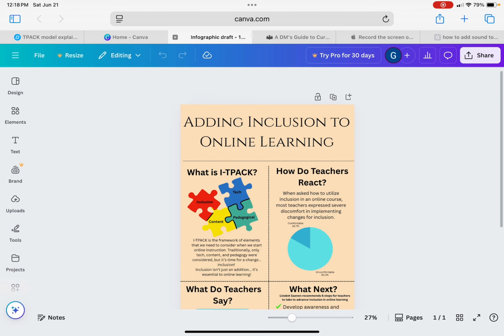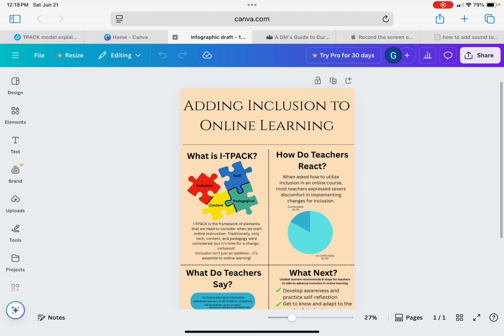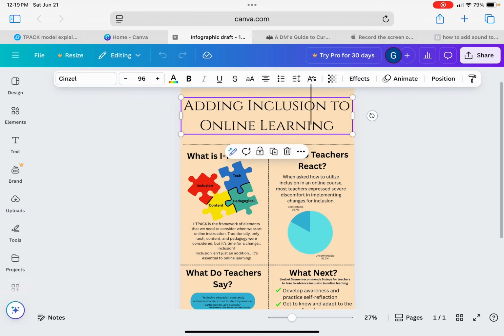I decided to make the font a different style than the rest of it, so it stands out as the title and is a lot less boring. I wanted a really strong font, so I included this Cinzel font, which looks very similar to like a Roman engraving in stone.